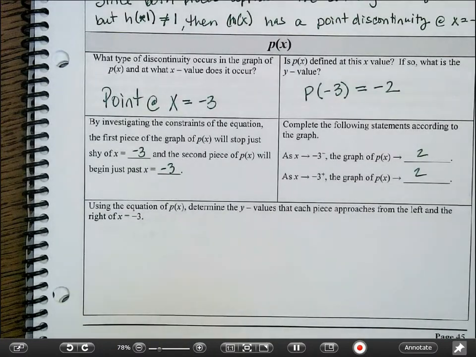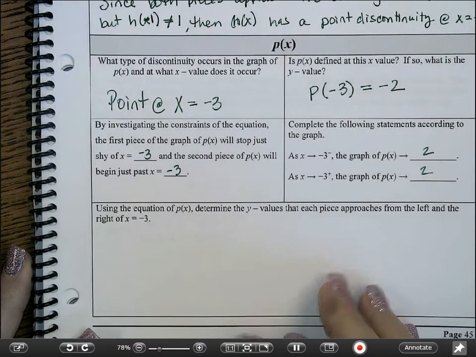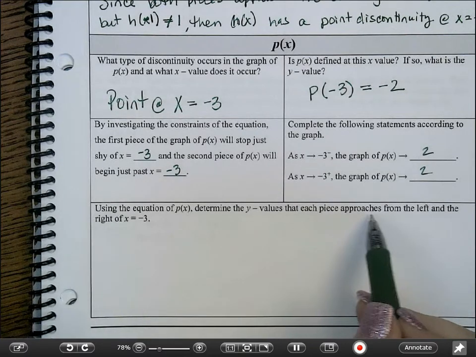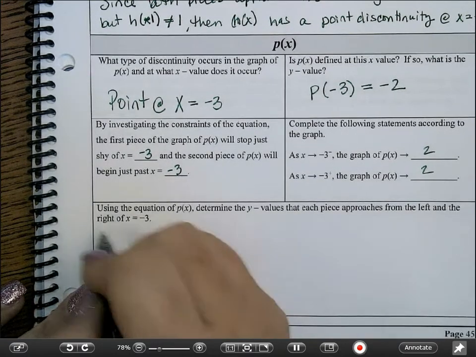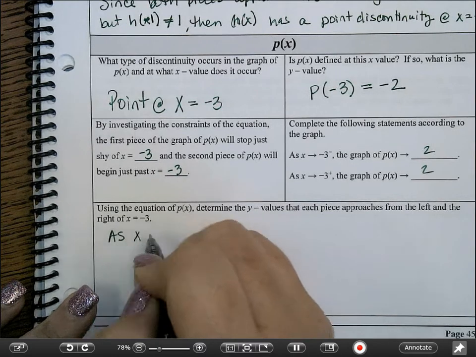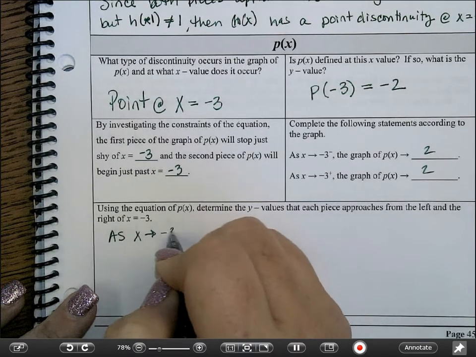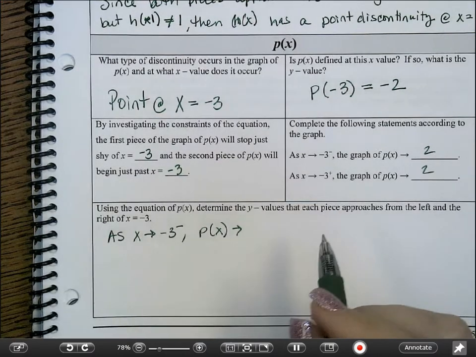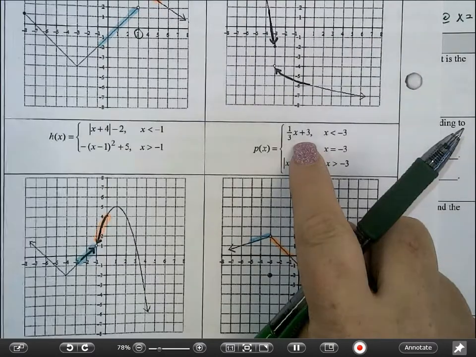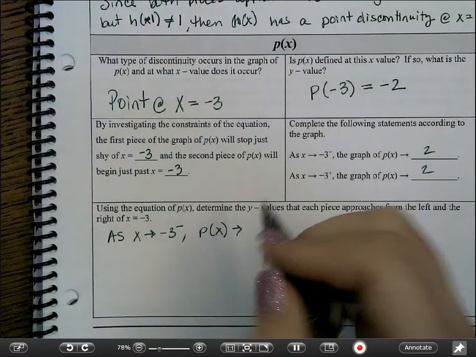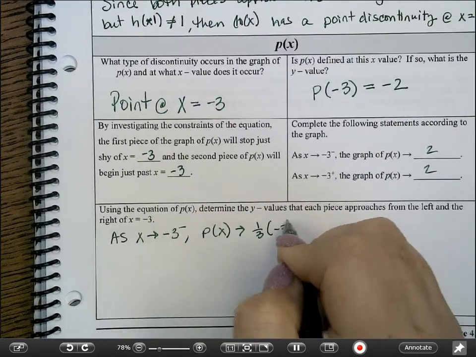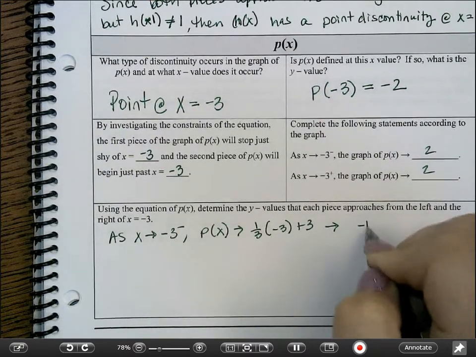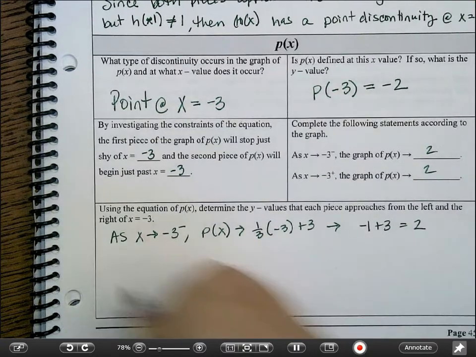Now we're going to connect everything here. Using the equation, determine the y values that each piece approaches from the left and to the right. So as x is approaching negative 3 from the left, p of x, and I'm plugging it into the linear equation, 1/3 of negative 3 plus 3, and then just simplify that, that's negative 1 plus 3, which gives me a 2.